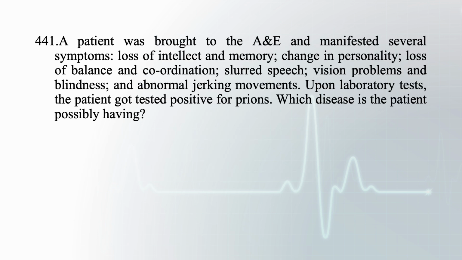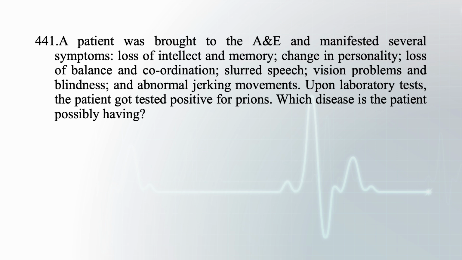Question number 441. A patient was brought to the A&E and manifested several symptoms: loss of intellect and memory, change in personality, loss of balance and coordination, slurred speech, vision problems and blindness, and abnormal jerking movements.